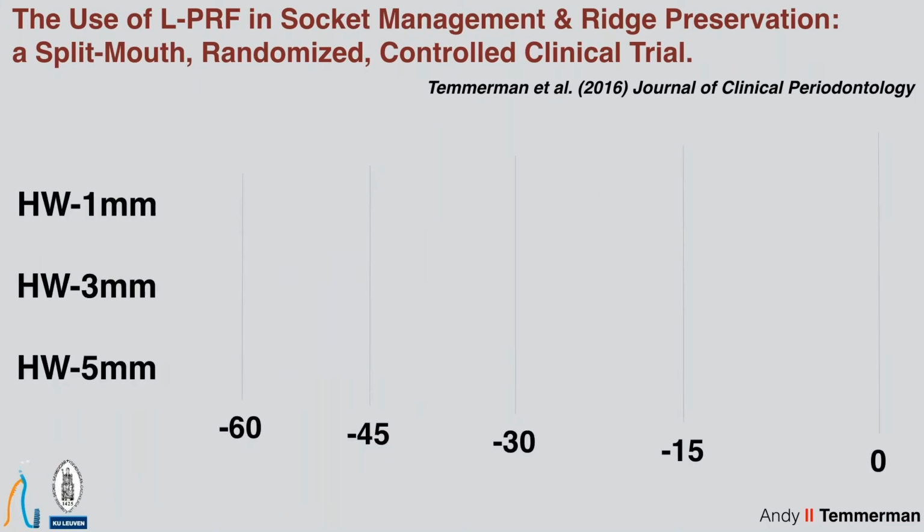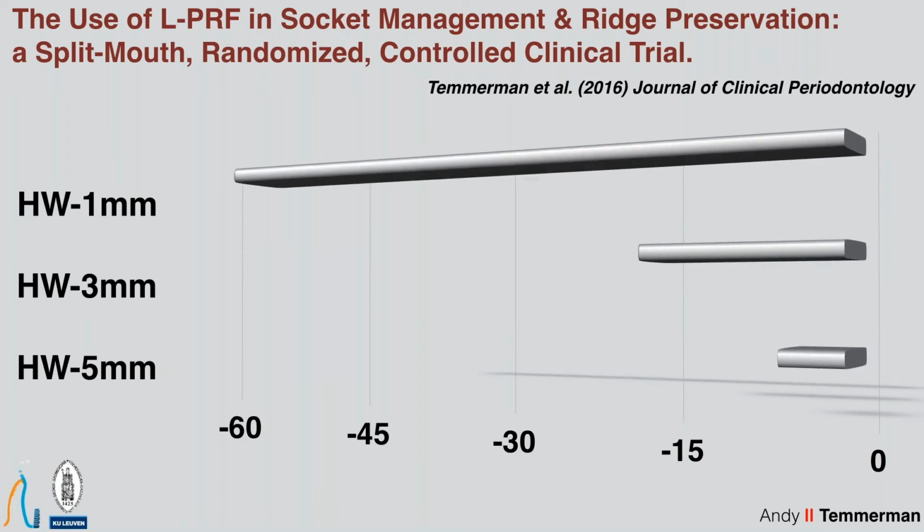Now, what I have done is I just tried to compare both studies, because in the Ronnie Jung study, a couple of measurements were done, and we did the same measurements in our study. Of course, comparing studies is not really the thing that we should do, but just to give you an idea on what the PRF results really are. So in gray, you can see here the horizontal width reduction for my control group, so the unassisted socket healing.